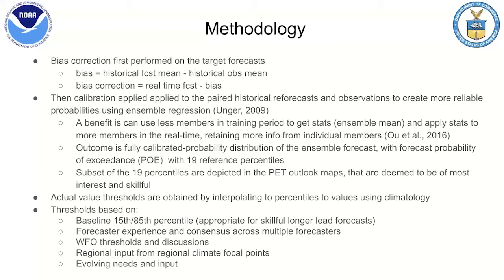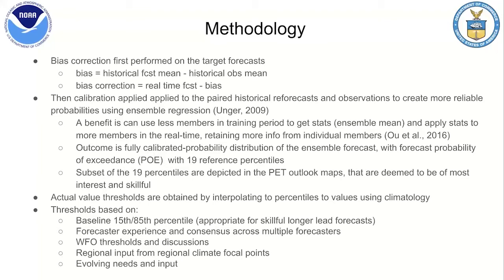The thresholds that we have are based on a baseline 15th, 85th percentile, as you heard earlier, since that is commonly used. It's appropriate for skill for longer lead forecasts. If you go too extreme in the percentile space, you get a much smaller sample size, so you're going to have a lot less skill due to sample size.